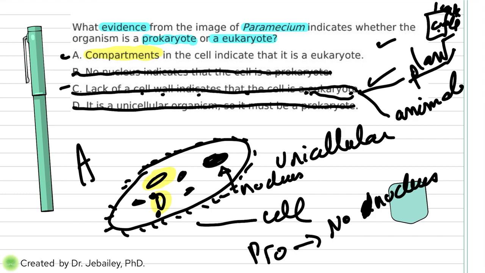That's what compartment means. Another word for compartments, in this case in IB, will mean organelles, like lysosome, ribosome. So a little bit of language here, make sure you know what compartment means. It's basically the organelles inside the cell. So again, the answer is A.